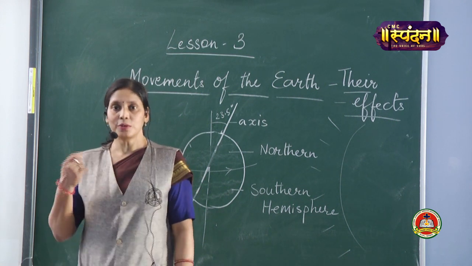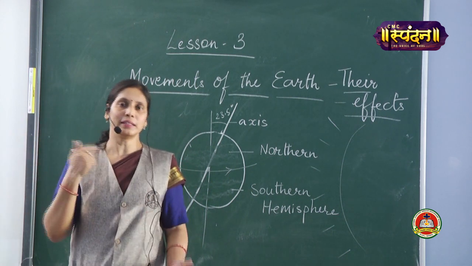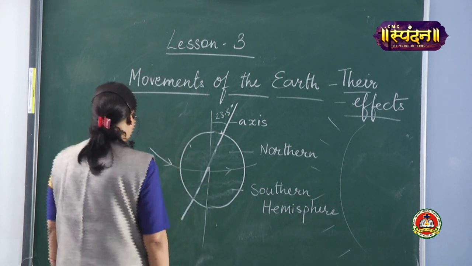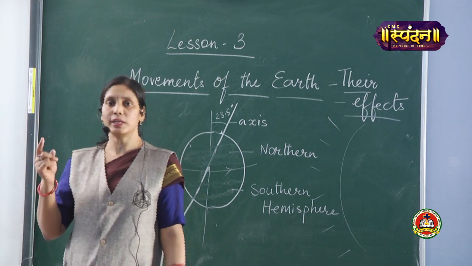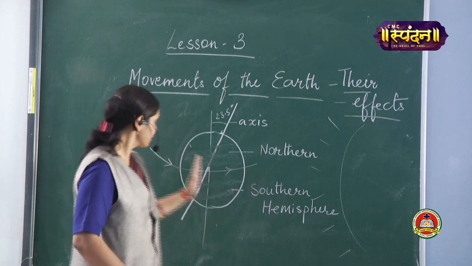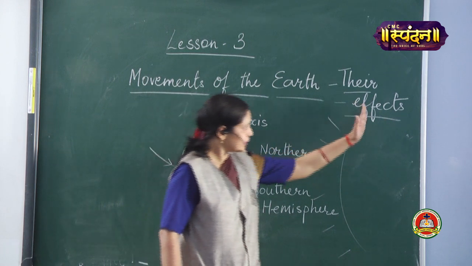If you take your own round along a fixed line, this is known as rotation. So the earth also rotates around itself, but this rotation is from west to east. It always rotates from west to east. West to east means, you can see this arrow from west to east, and this is the sun.